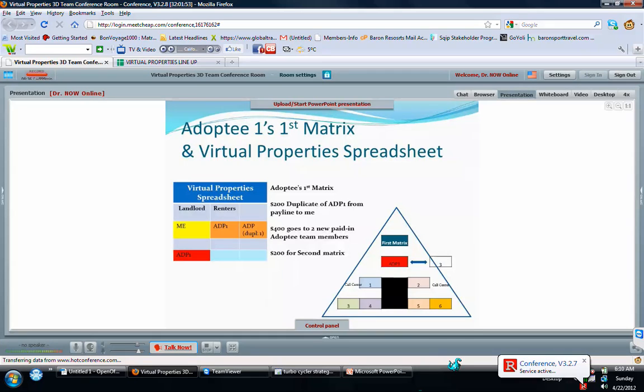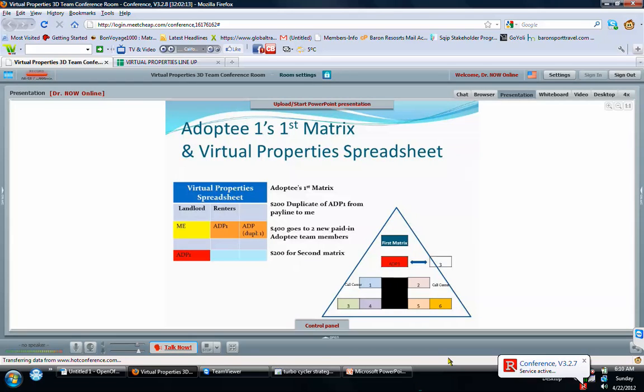Okay, I have to correct myself. As I said just now, it is a $200 duplicate of an adoptee 1 from Payline to me. That is another member who is going to give you the same cycle and the same procedure that we're going through now.